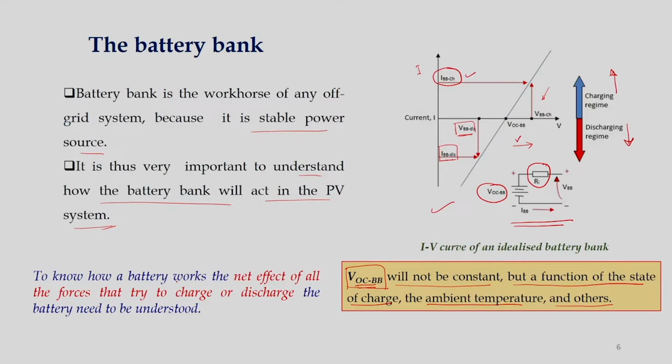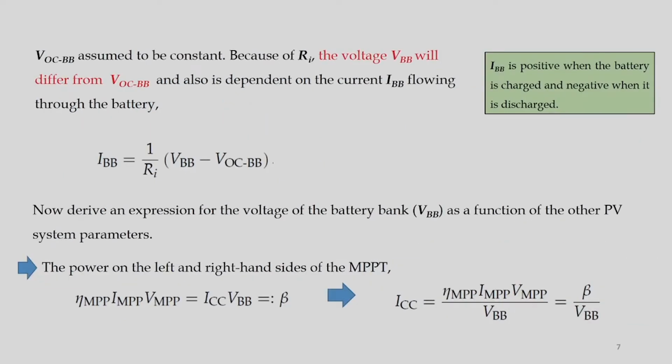To know how a battery works, the net effect of all the forces that try to charge or discharge the battery needs to be understood. As we said, this V_OC,BB is assumed constant for our analysis.